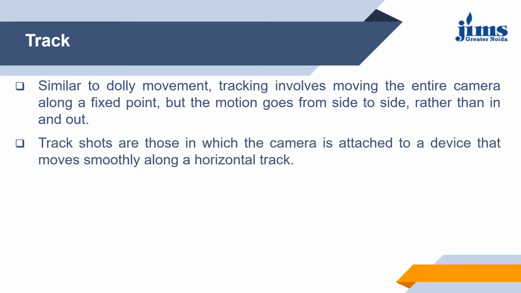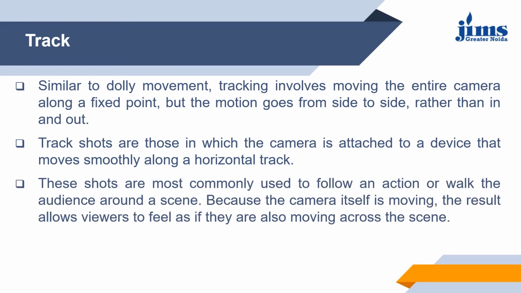Track shots are those in which the camera is attached to a device that moves smoothly along a horizontal track. These shots are most commonly used to follow an action or walk the audience around a scene.